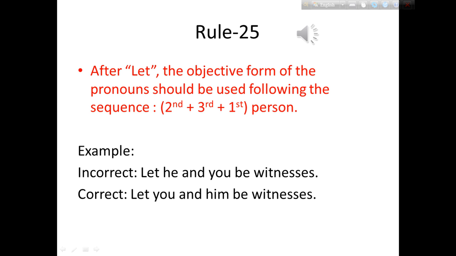And according to the given sequence, we have to use second person plus third person plus first person. Though here we only have second person and third person, we have to use second person first, then third person. So the correct sentence will be: let you and him be witnesses.